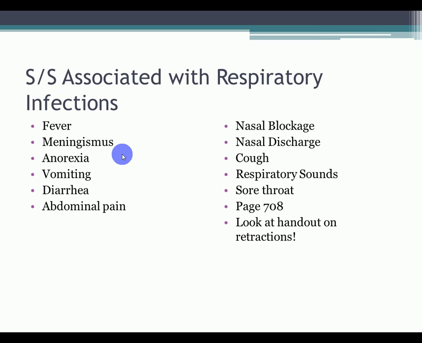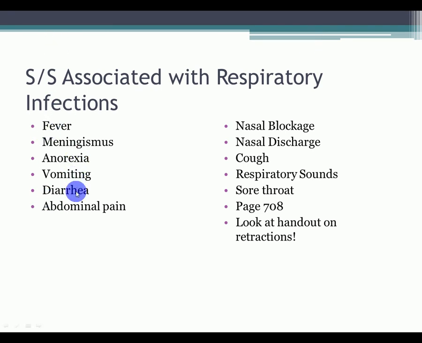On page 708, it says it's meningeal signs without the infection of the meninges. So you may have an abrupt fever, and then you may have headache and pain and stiffness in the back of the neck. But you actually do not have a true form of meningitis, just the signs and symptoms. So it's called a pseudomeningitis.